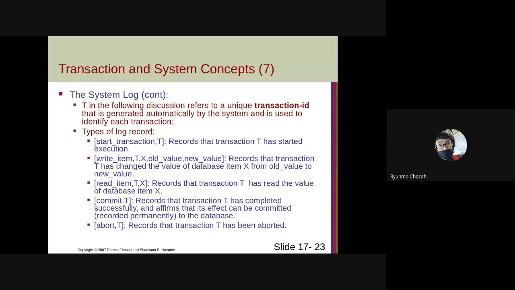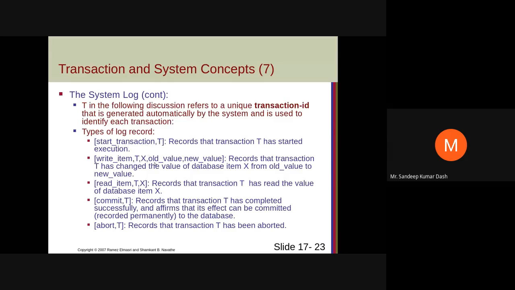Yes, sir, visible. Okay, these are the 5 things that are there in a transaction log file. For a transaction, you write start transaction T. That means this T will be the ID of the transaction along with the timestamp or any other details, that this transaction started at this time.